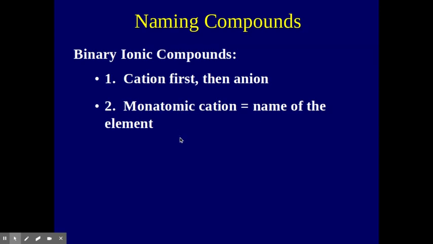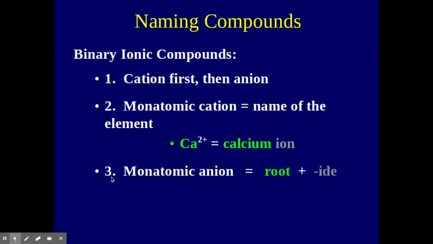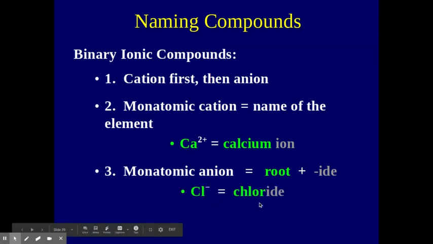So sodium is sodium, potassium is potassium, calcium is calcium. The anion, you take the root and add IDE to it. So oxygen is oxide, chlorine, chloride. Okay? And that's all you have to do to name a binary ionic compound.